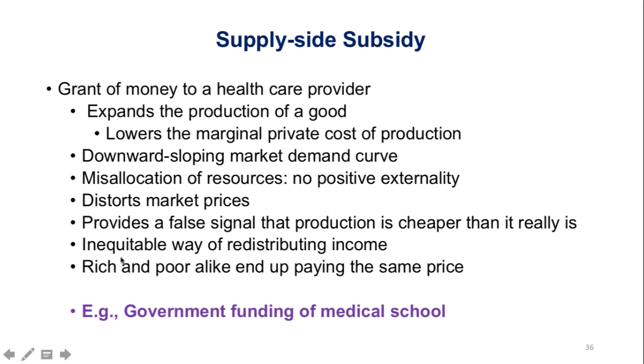So it's an inequitable way of redistributing income, and rich and poor alike end up paying the same price. The best example would be government funding of medical schools, which is a supply side subsidy. The most negative impact is distorting the market price, giving false signals about the price of the product or services.